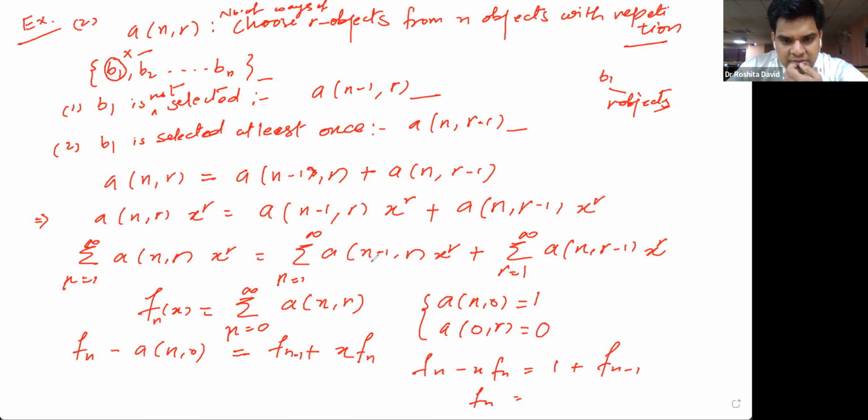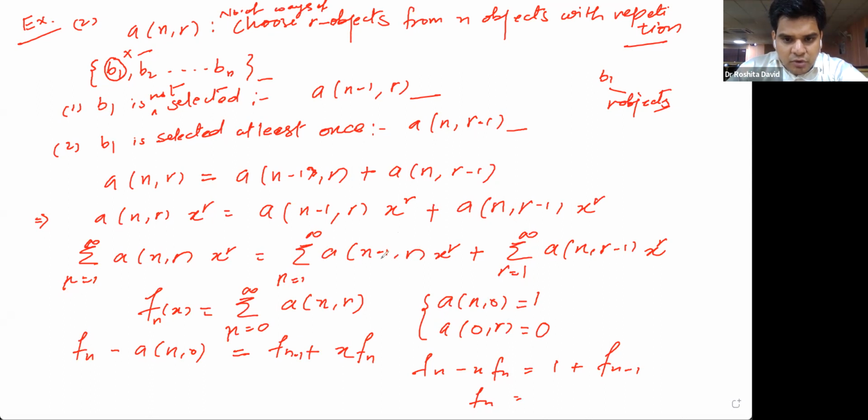Yeah, a0r will also come here, right? Here we will not get a0r, but in f n we have a n0, because we are starting from r equal to 0 in f n.